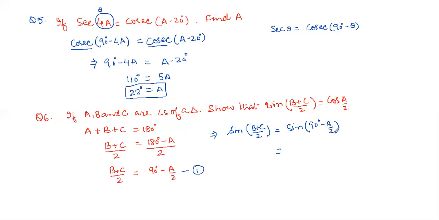Now you are reading A by 2 as theta, sine 90 minus theta, and you use the trigonometric identity of complementary angle, that sine 90 minus theta is equal to cos theta. So sine 90 minus theta can be represented as cos theta, where theta is A by 2. Therefore, you got the answer.